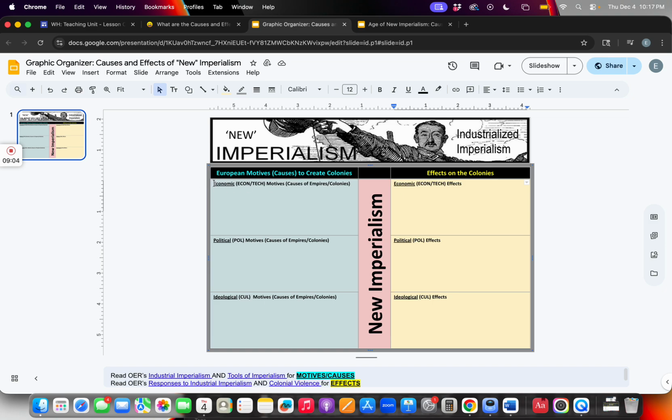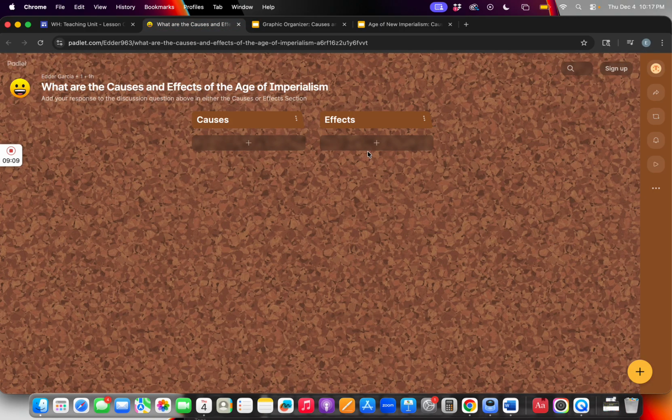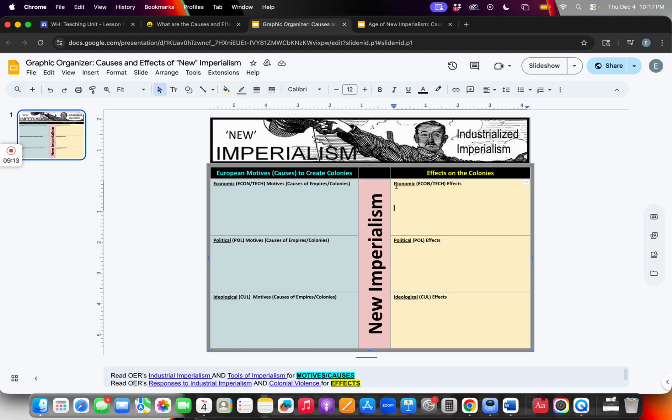For example, if you completed the causes, you would find in Padlet an idea from someone else about the effects section of either any section here and just write it there.